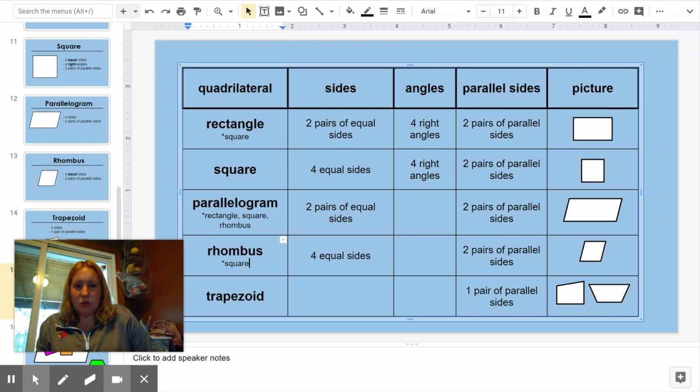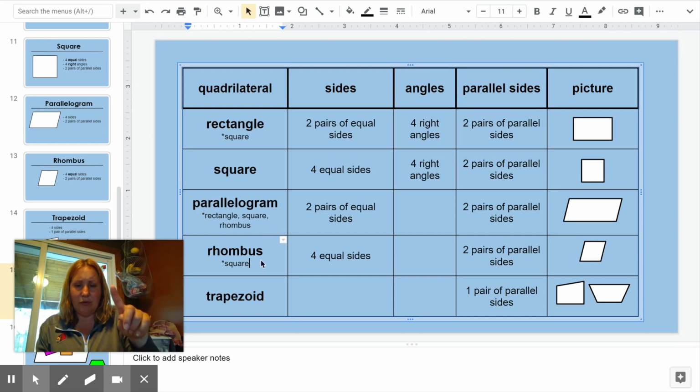So as you look at this whole big table, some important things to notice. One thing that stands out right away is a trapezoid. Remember, a trapezoid is the only quadrilateral with just 1 pair of parallel sides. All the rest have 2 pairs. So that's a pretty big difference. Other things to notice, we have squares and rhombuses or rhombi that are the only 2 figures that have all 4 equal length sides.